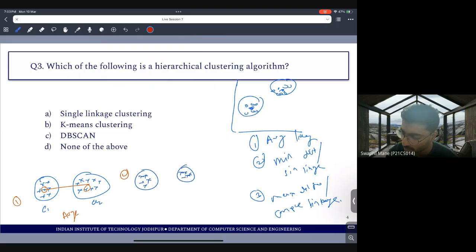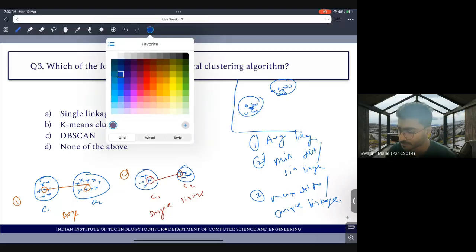This is the closest point in cluster 1 towards cluster 2, and this is the closest point in cluster 2 towards cluster 1. So we are taking the distance between the closest points between cluster 1 and cluster 2. This is single linkage.